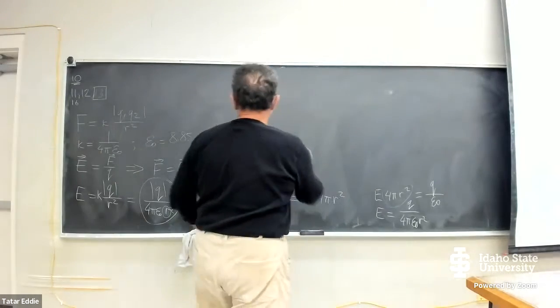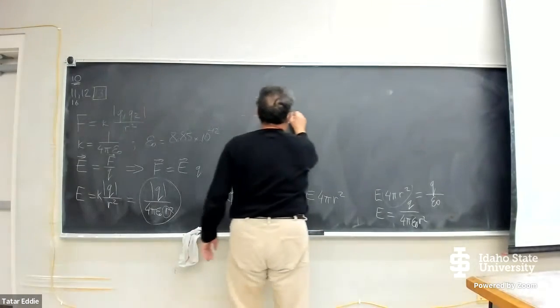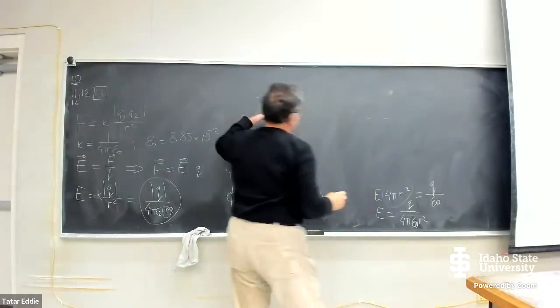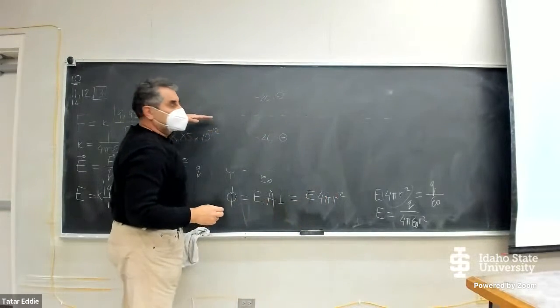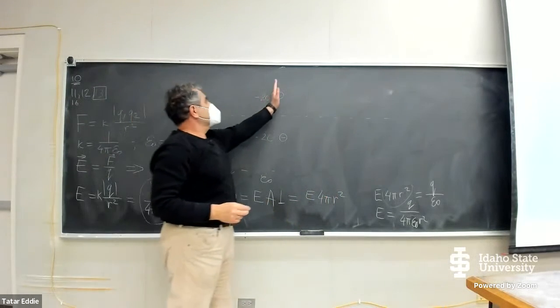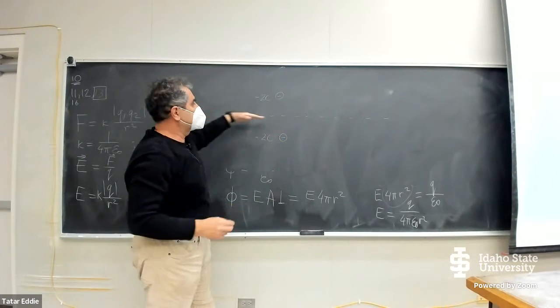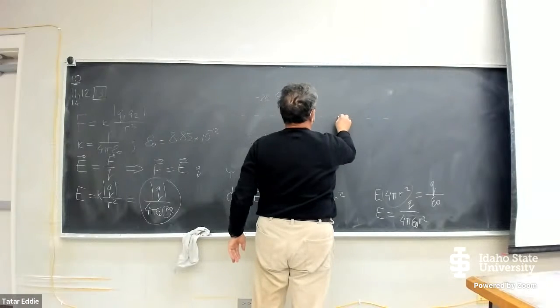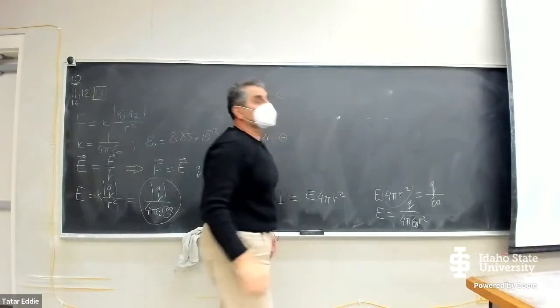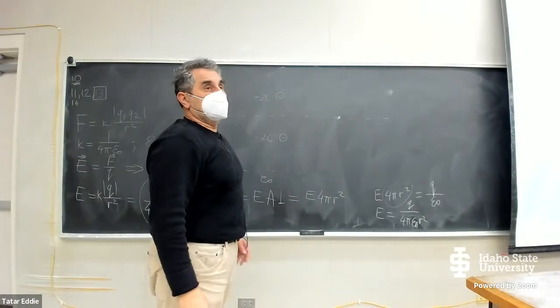They're asking about the electric field on the line that is perpendicular to the connecting line of the two charges and exactly in the middle, maybe right here somewhere, let's say. At this point, what is the electric field?